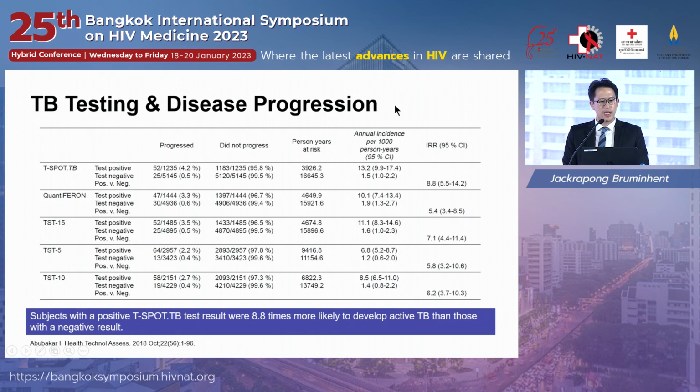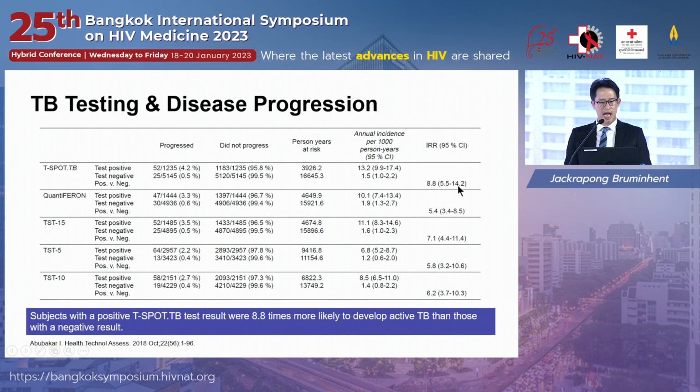And another thing is when you want to differentiate between someone who's going to be at risk of active TB or someone who's not going to have active TB, the T-spot test also shows the best answer for that. When you look at the first line here, when using the T-spot test, people who have positive tests were 9 times more likely to develop active TB than someone who has negative tests.